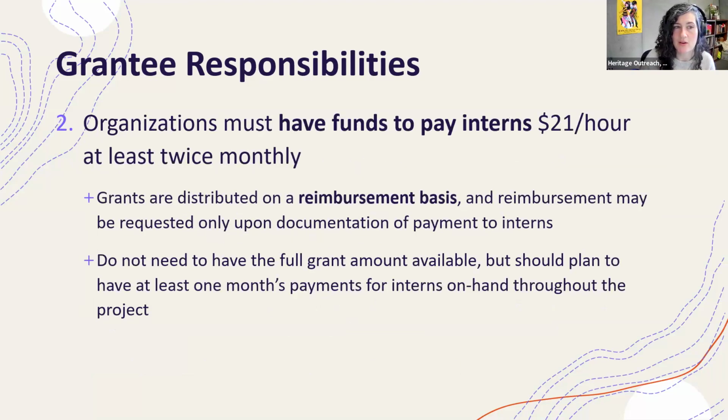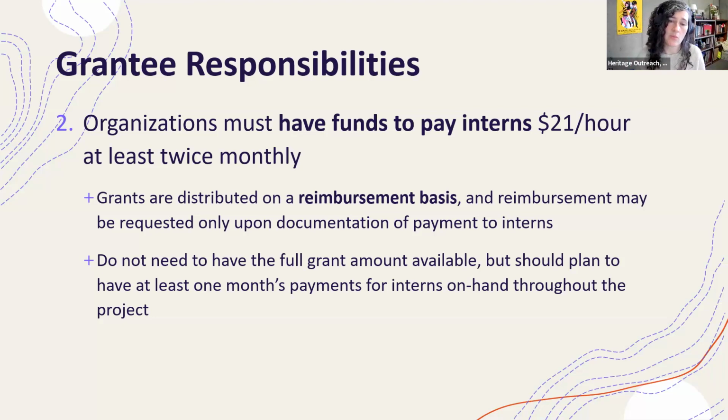So organizations must have funds to pay interns at $21 an hour, at least twice monthly. Grants are distributed on a reimbursement basis, and reimbursements may be requested only upon documentation of payment to interns. So this is really important to think through your internal processes to make sure that you're able to pay an intern before that reimbursement is given.